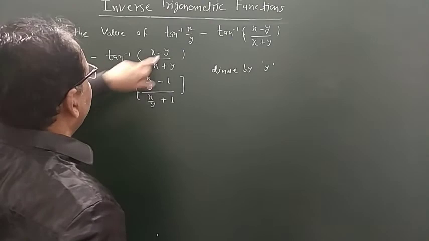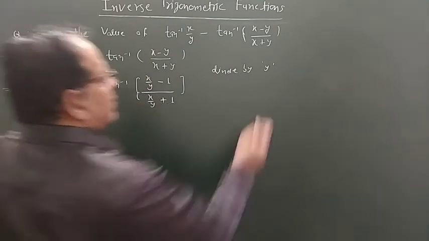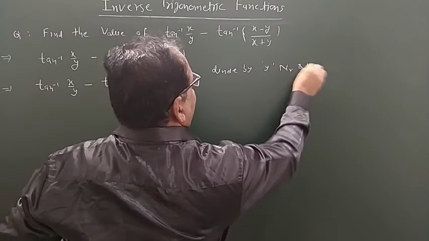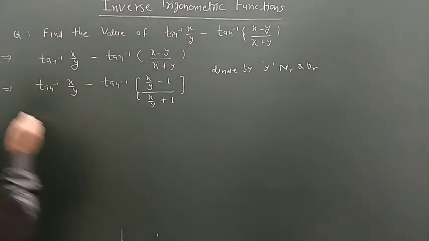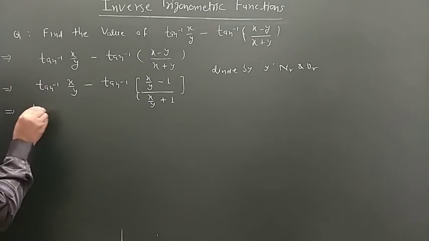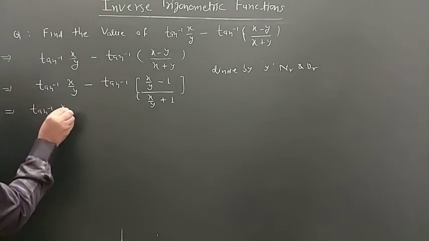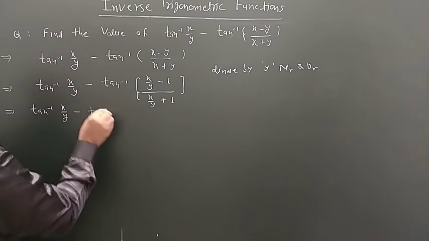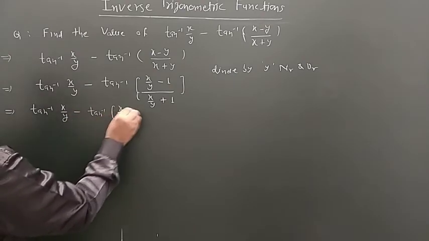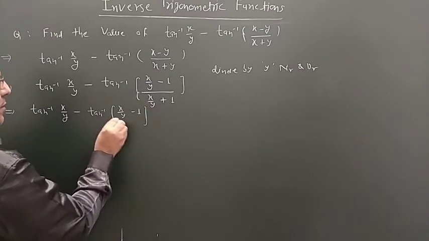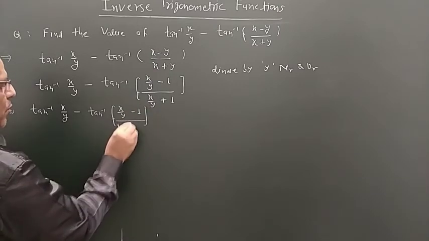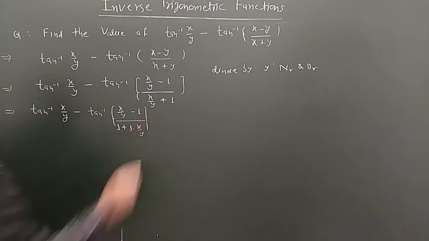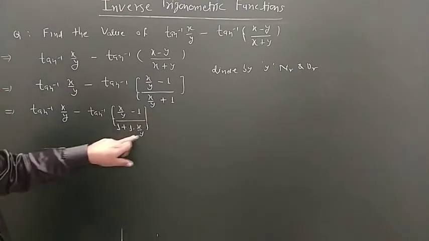Here x upon y minus 1 is the numerator and x upon y plus 1 is the denominator. Now this can be arranged: tan inverse x upon y minus tan inverse (x upon y minus 1) upon (1 plus 1 into x upon y). This denominator can be arranged as 1 plus 1 into x upon y.